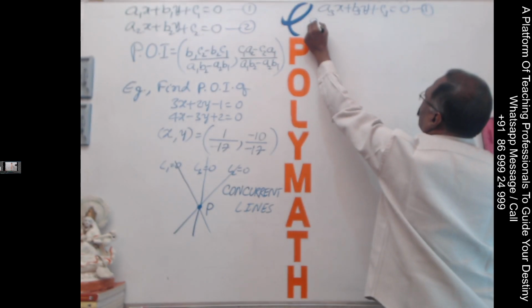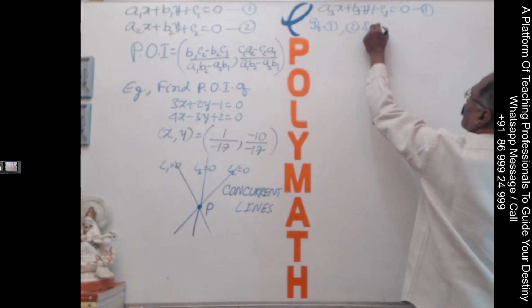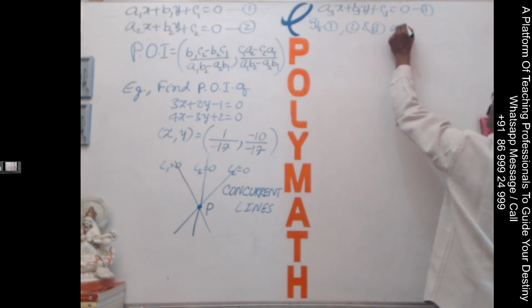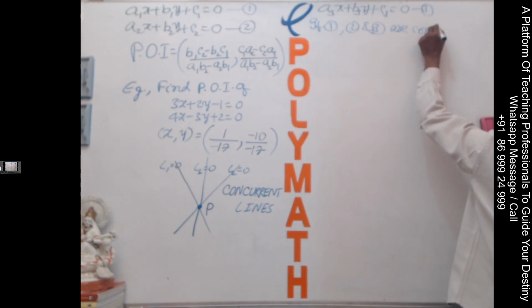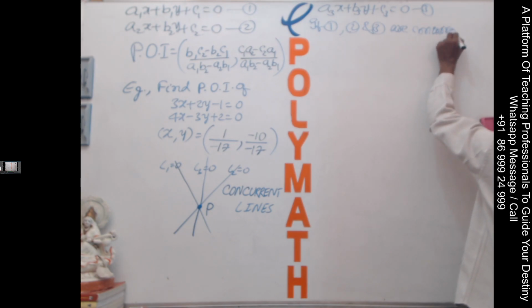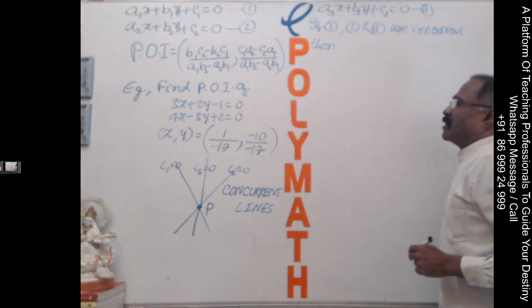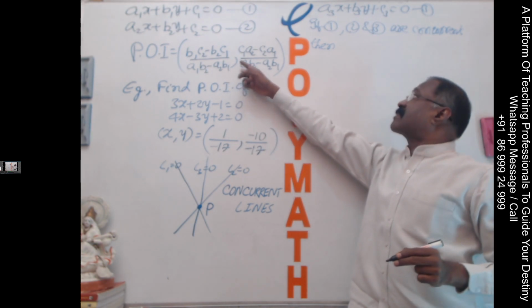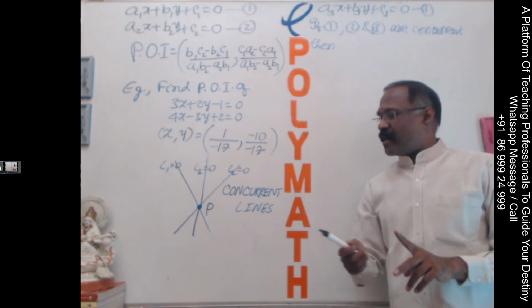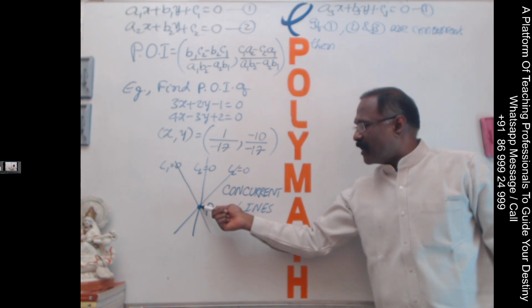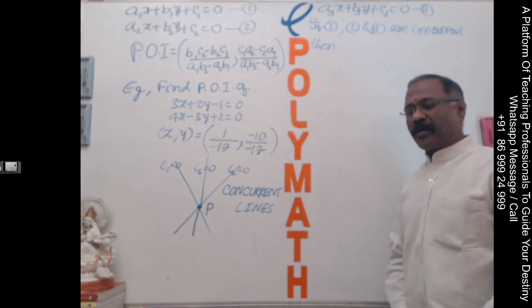If 1, 2 and 3 are concurrent, then this point of intersection must satisfy this equation, because all these three are intersecting at the same point.